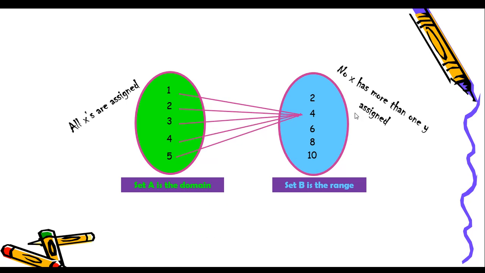Next, let's have our second example. Again, to determine if this relation is a function or not, we have to satisfy those two conditions. So let's check. All x are assigned. Check. No x has more than one y assigned. Check also. So, this is a function.